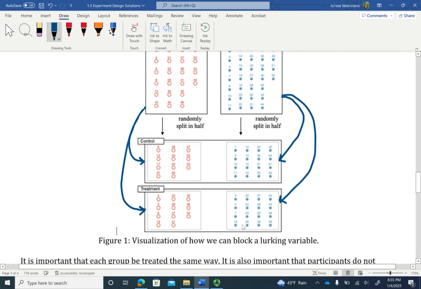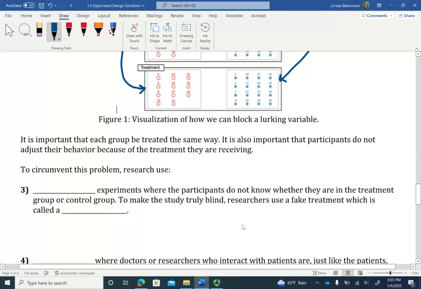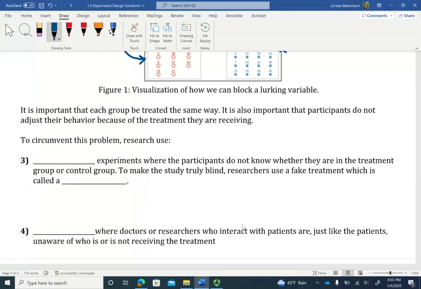Now, let me introduce you to another important characteristic of experimental studies. In experimental studies, it is important for each group to be treated the same. It is also important that participants do not adjust their behavior just because they know that they're receiving the treatment. So for example, if our patients know that they are the ones who are receiving the stent, they might start adjusting their behavior.